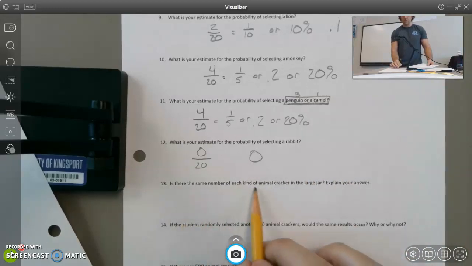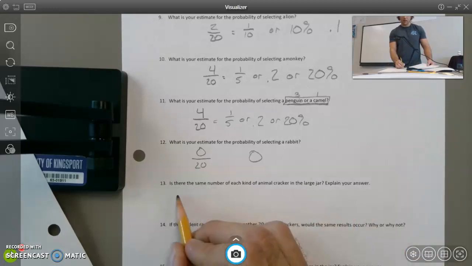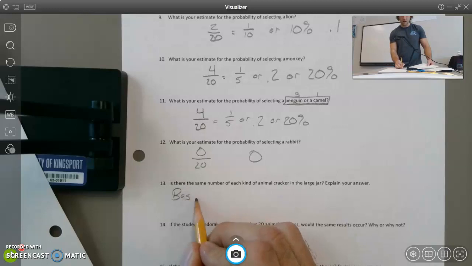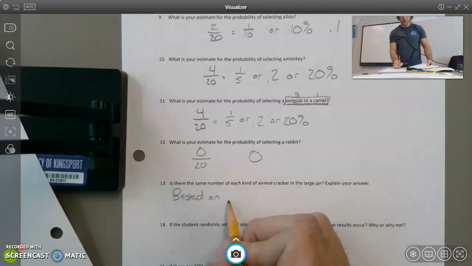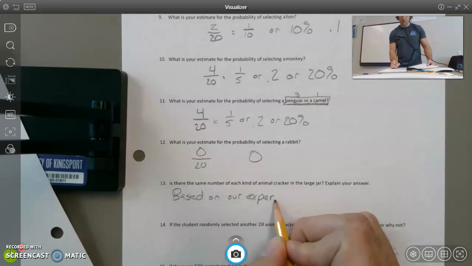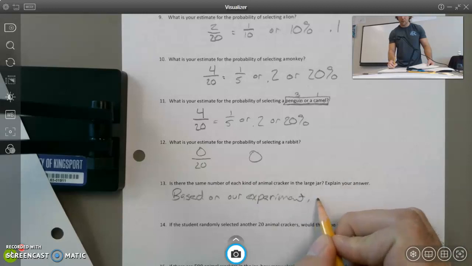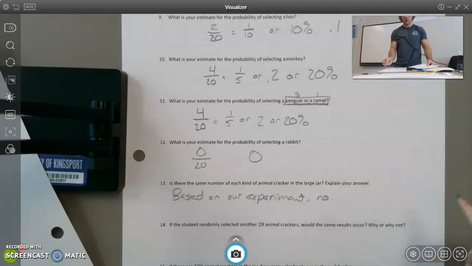Is there the same number of each kind of animal cracker in the large jar? Based on our experiment, I would have to say no. But it is a small sample size.